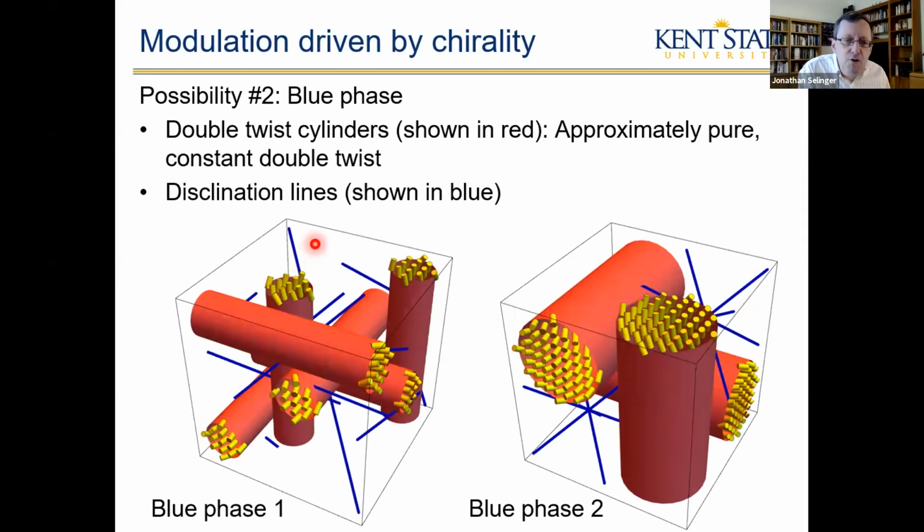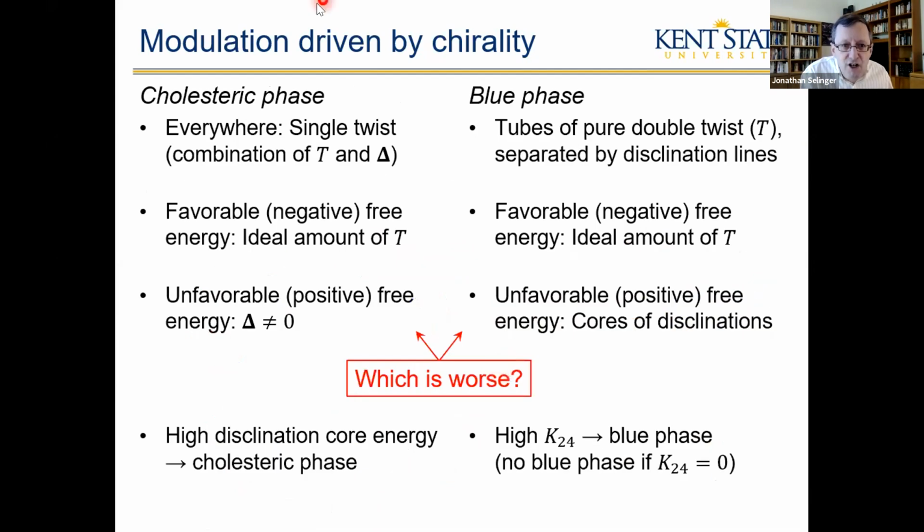Alternatively, it can make a blue phase. That is, it can make cylinders with the ideal double twist, approximately pure, but they have to be separated by disclination lines. So which is better? Well, in the cholesteric phase, it gets twist everywhere, but it has to accept the unfavorable delta mode.